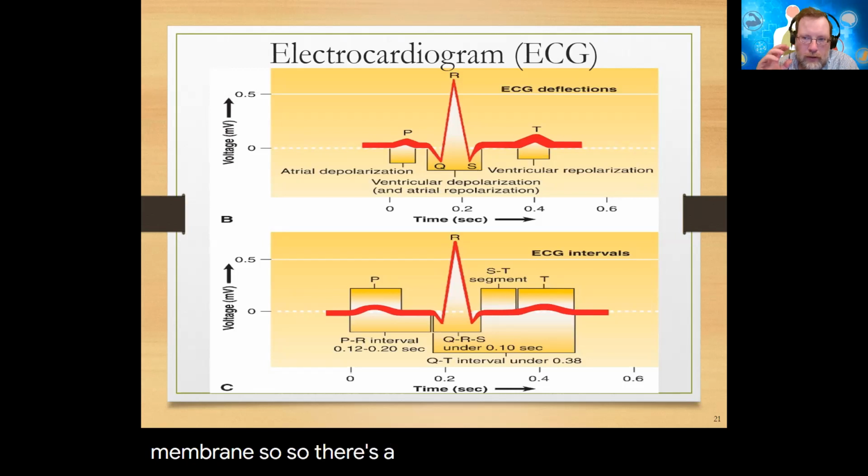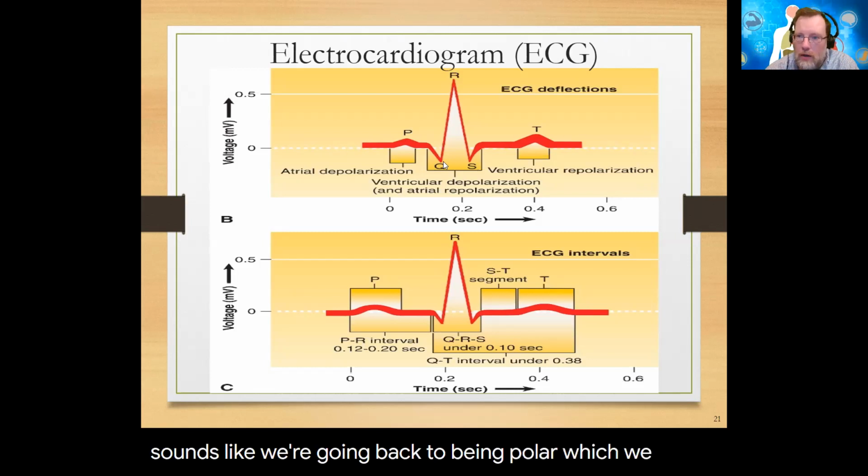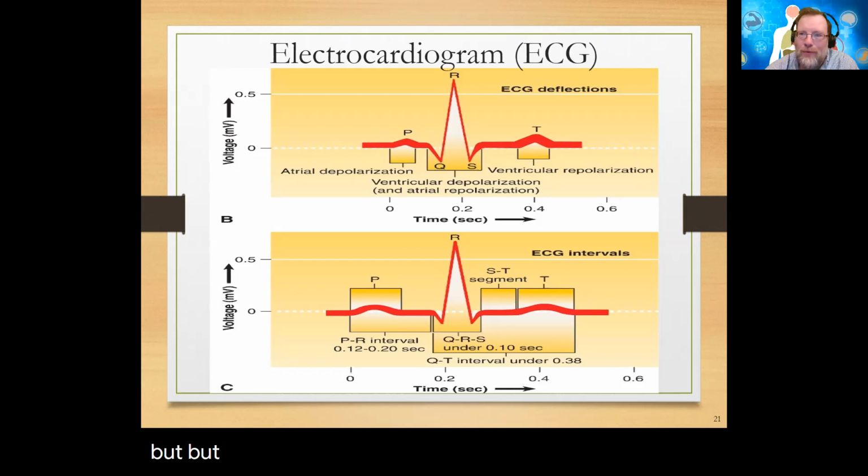So there's a little bit of a time lapse or a gap where we need to get the sodium potassium pumps getting 3 sodiums pumped out of the cell and getting 2 potassiums pumped back in. Then we get the ultimate in regular polarization. So when we say we're repolarizing, it sounds like we're going back to being polar, which we are, but we're not.